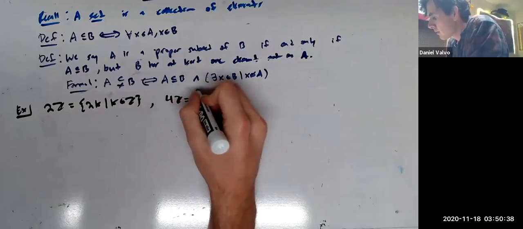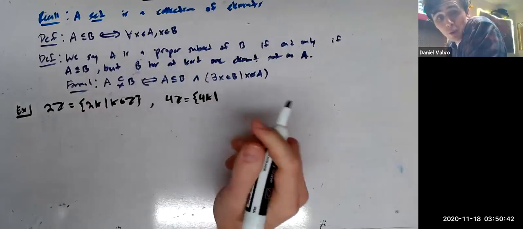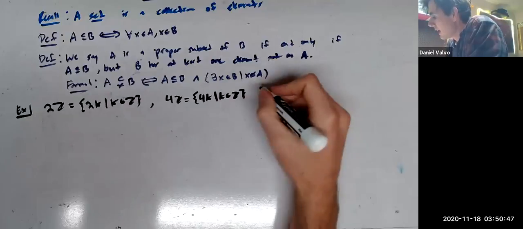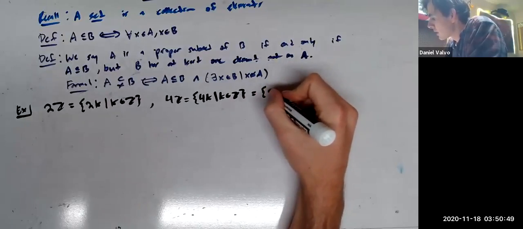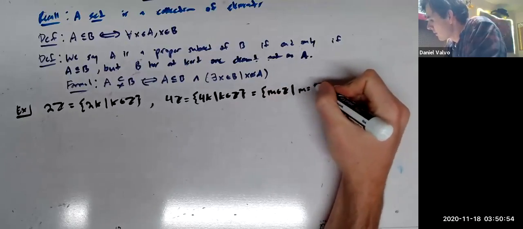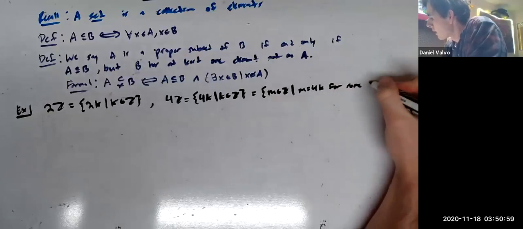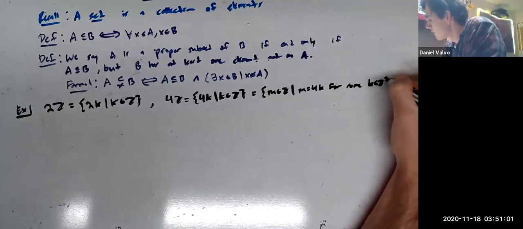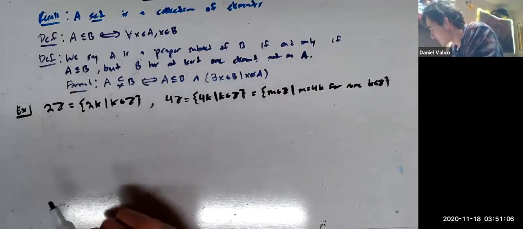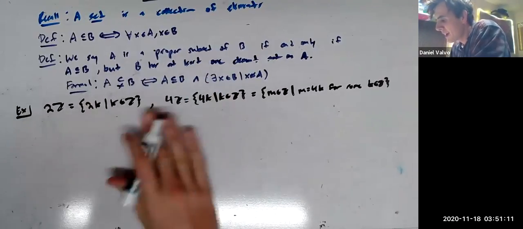And 4Z equals every element of the form 4k, where k is in Z. Again, you could write these in our other set notation, as m in Z such that m equals 4k for some k in Z. You do it if you want to; I think this is easier. It makes more sense. So these are my friends, 2Z and 4Z.